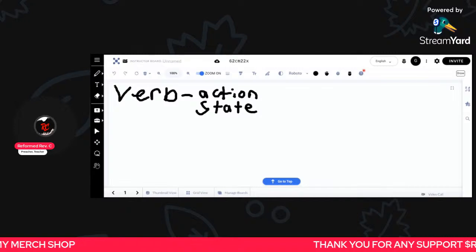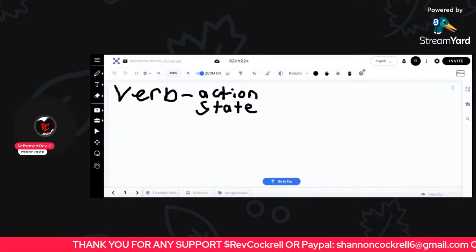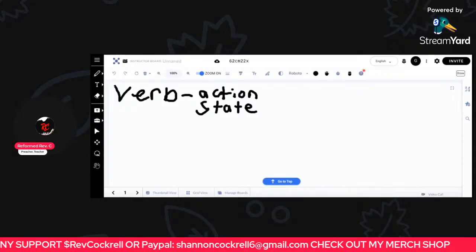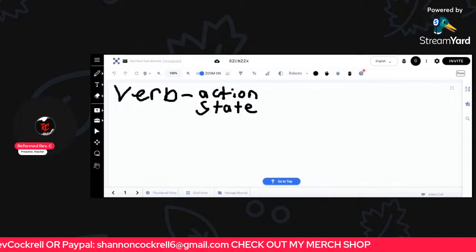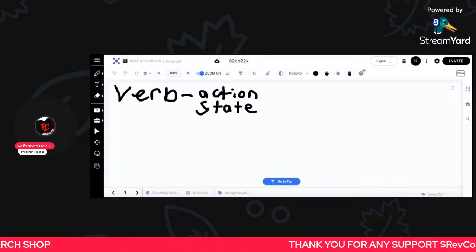And so a verb, what is a verb? A verb is an action word or a state of being. It portrays action or state of being. It makes an affirmation. But also, a verb is a word that makes a statement about a subject.